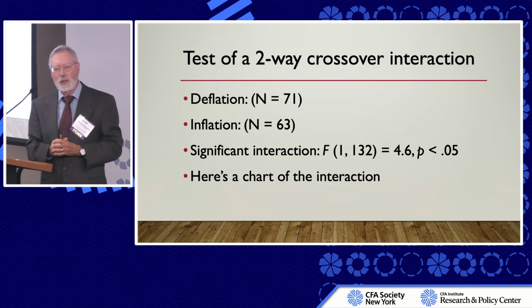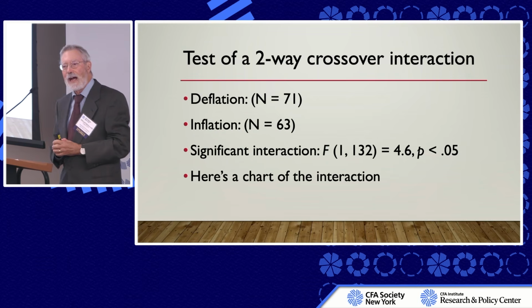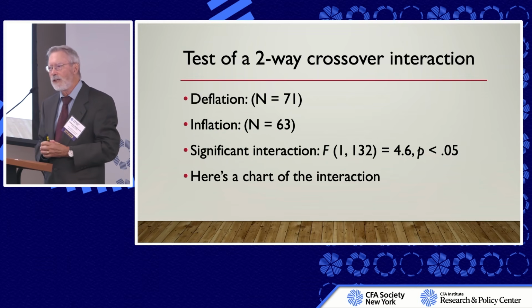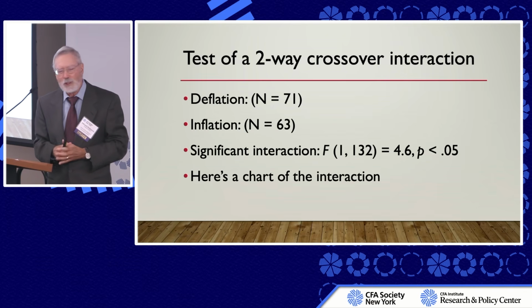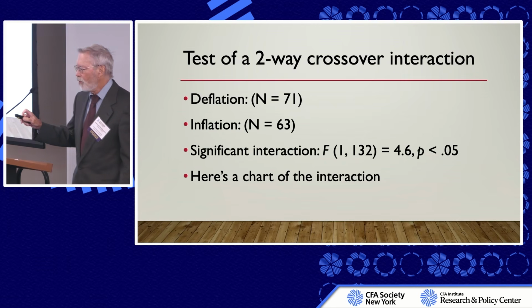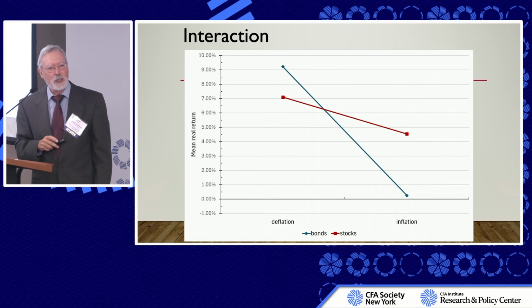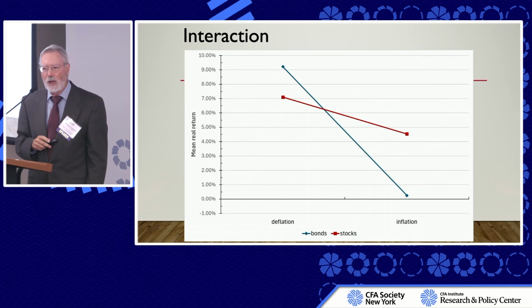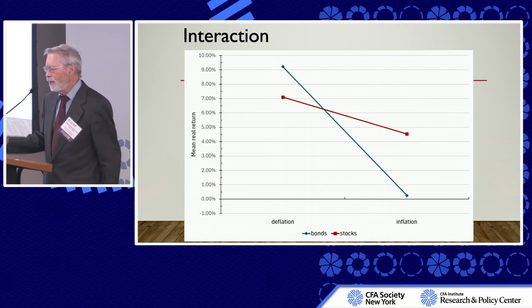I've got 71 deflation years, 63 adjacent inflation years, and I find indeed a significant crossover interaction between type of price change and type of asset, stocks versus bonds. A picture is worth 1,000 words. Here is the crossover interaction. Blue line up under conditions of deflation, blue line down under conditions of inflation.